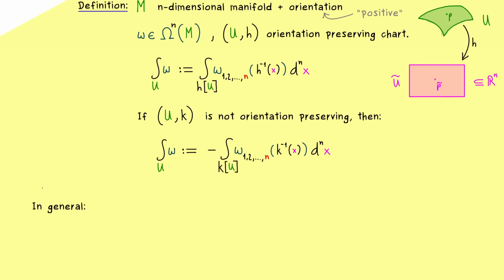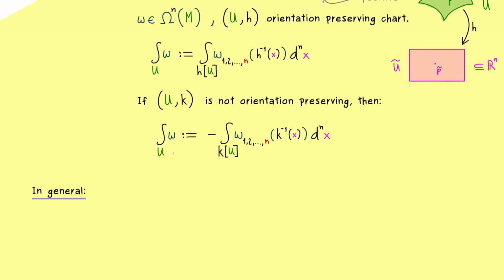Therefore, if you flip the orientation of the whole manifold, the integral will get a sign. So usually we just have the integral of omega over M. And now by the whole setup, by the whole definition, we know that M has a chosen orientation, which we call the positive orientation. But of course, we could also flip this orientation, so we would look at M with the negative orientation.